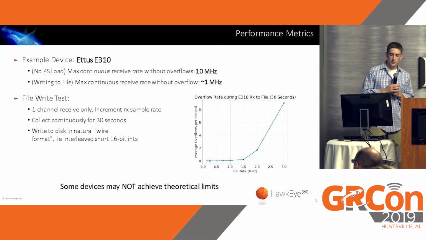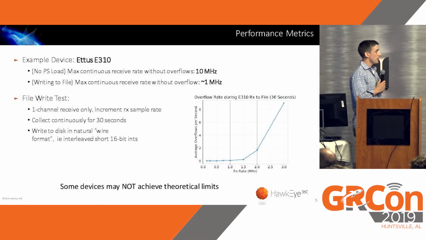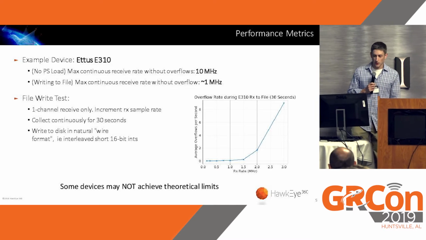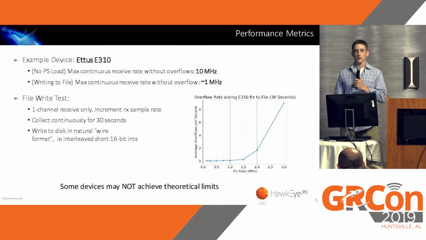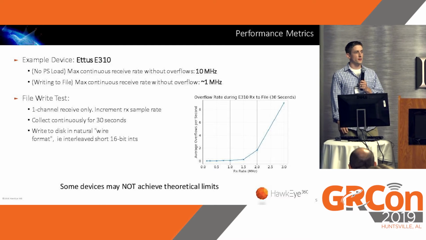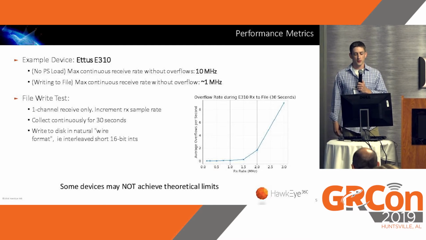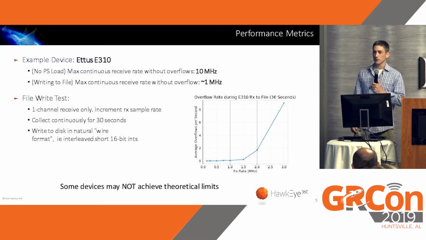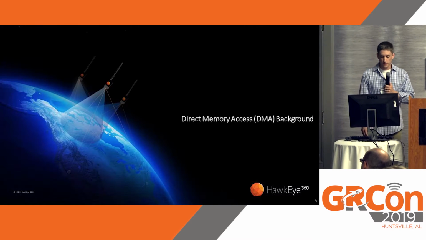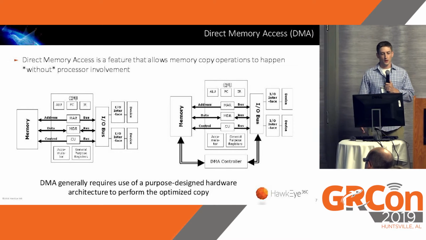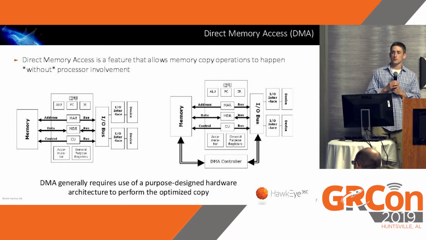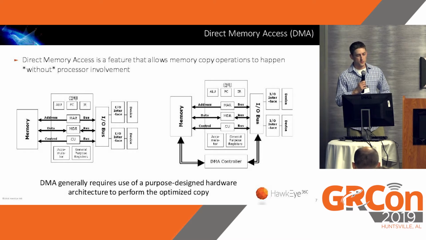So kind of the takeaway here is that in an ideal world, like the previous presentation, we have something that does this for us, but oftentimes we'll find that the thing we're doing doesn't quite hit those limits. So let's talk about why and what we can do to fix that. And the solution, which is what all these devices try to do, is a direct memory access, DMA, transfer.